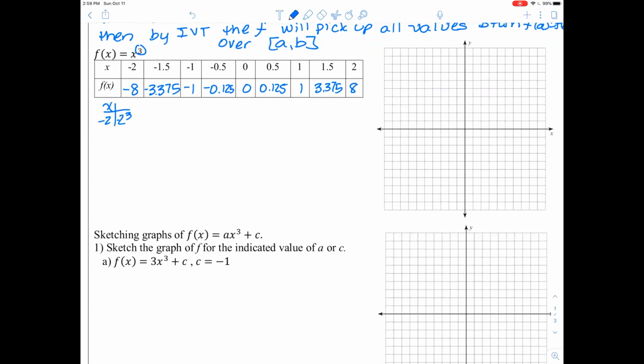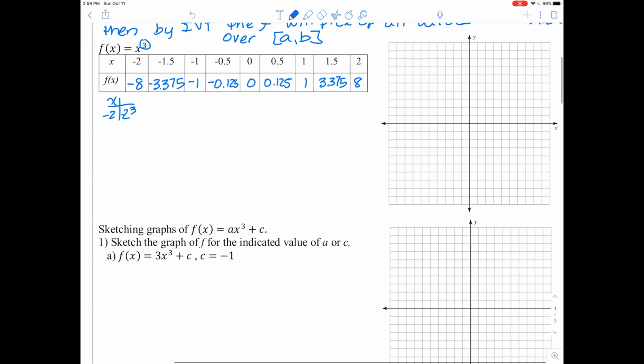And so we could actually just go ahead and graph those. And I am going to use this table. I'm going to change my scale here. So that's going to be 1 and 2, and negative 1 and 1, negative 2 and negative 3. Sorry, let me be a little more careful there.